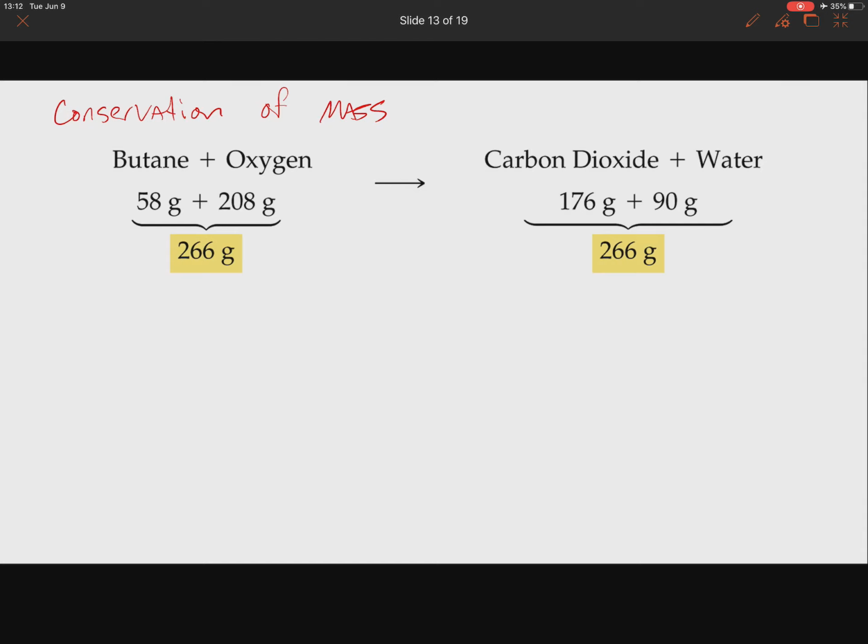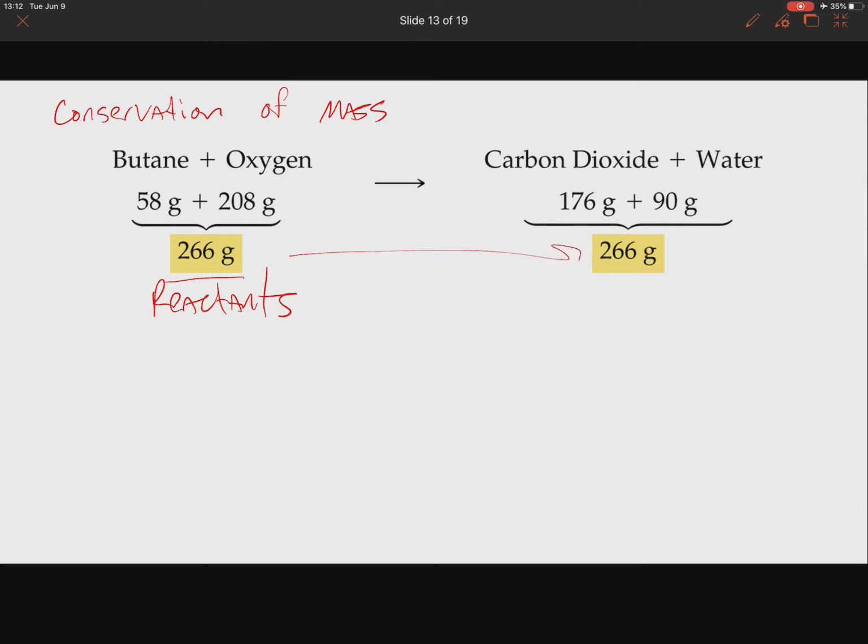So during physical and chemical changes, the total amount of matter remains the same. And you can see that here. So if I had 58 grams of butane and I combined it with 208 grams of oxygen to make 266 grams of reactants, thinking ahead, then I should still form the exact same amount of products. Now they're going to be different compounds, carbon dioxide and water.